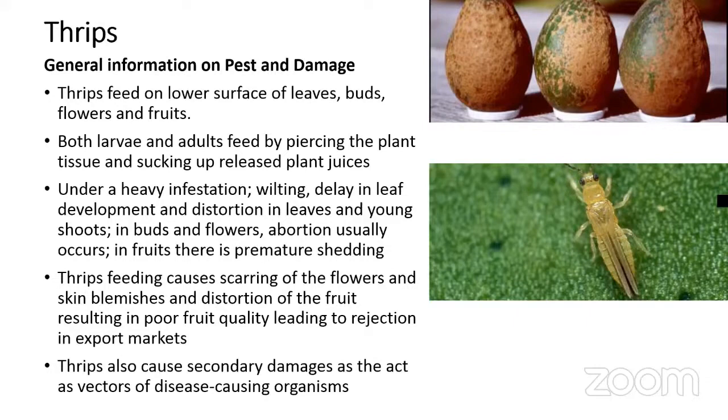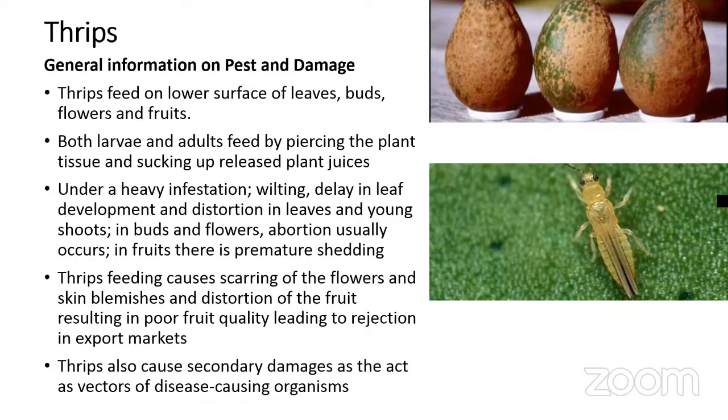Thrips feeding causes scarring of the flowers and skin blemishes and distortion of the fruit. In the flowers, you see scars on the flowers, and also distortion in the skin, like you can see from the picture which is displayed on top.